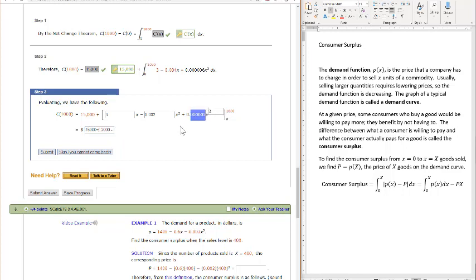Okay, this is counting a lot of decimals, so I'm just going to pause for a moment and see if I can figure that out using a calculator.